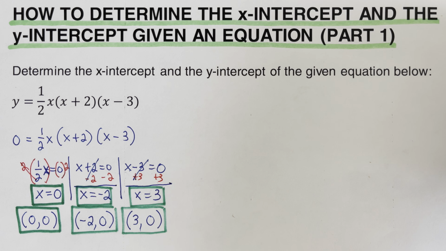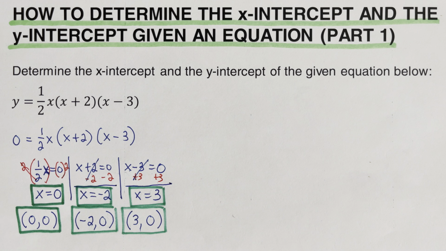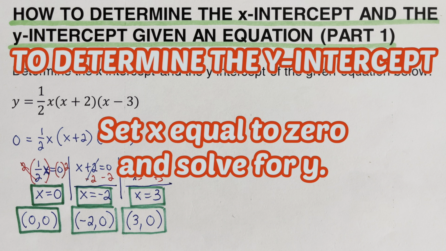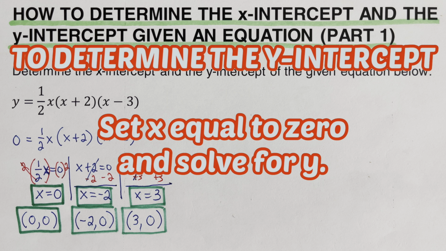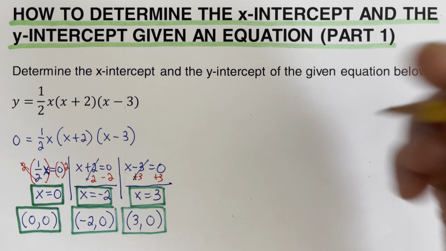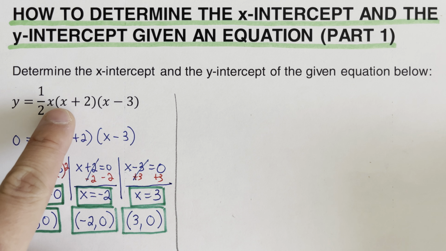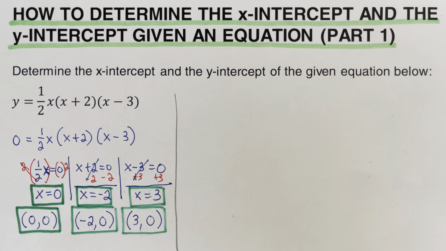In this problem, we're supposed to solve for the y-intercept as well. In order to determine the y-intercept, we set x equal to 0 and solve for y. I'm just going to show the work on the side. So we set all the x's to 0, and solve for y.